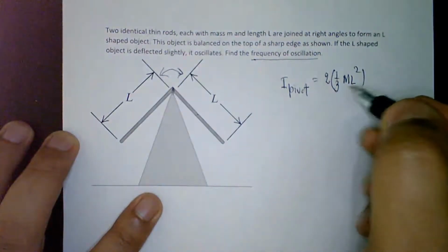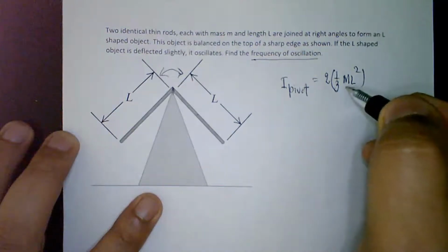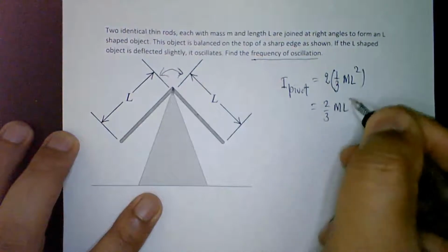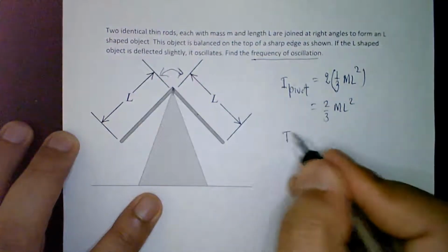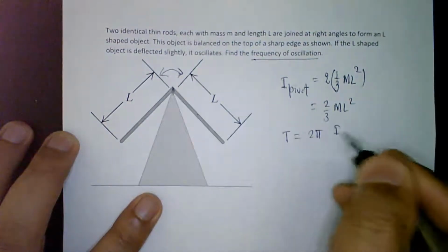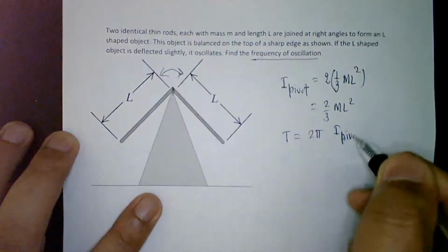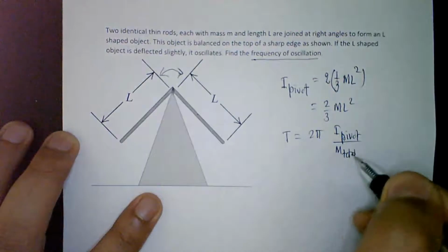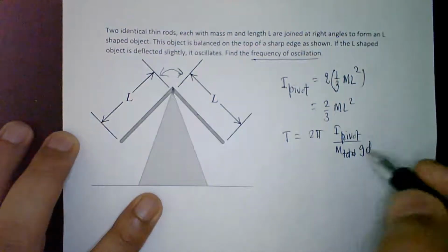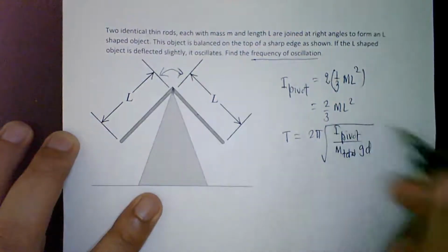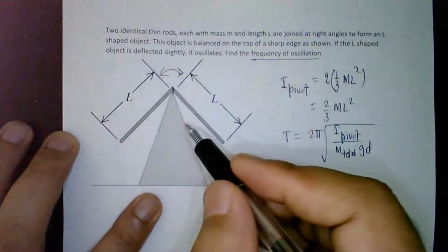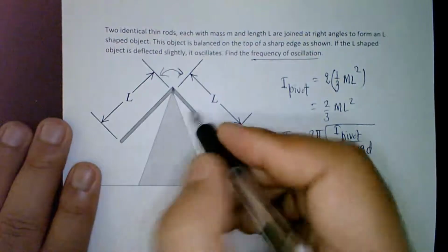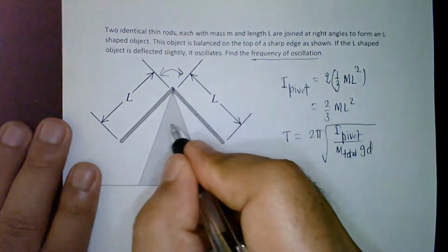Because this is the moment of inertia of the thin rod pivoted at one end. So it's 2/3 m L square, and then the period is 2 pi square root of I pivot over m g d, because that's our general formula. The total mass, this has to be the total mass, don't get confused. But d should be given, or you can calculate it. The center of mass is somewhere here.